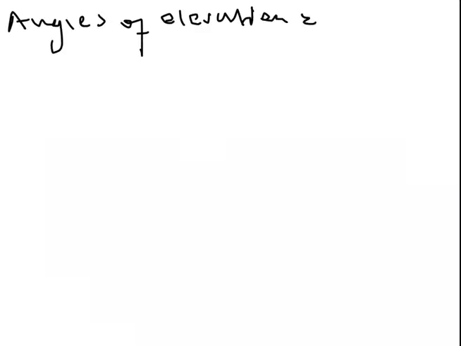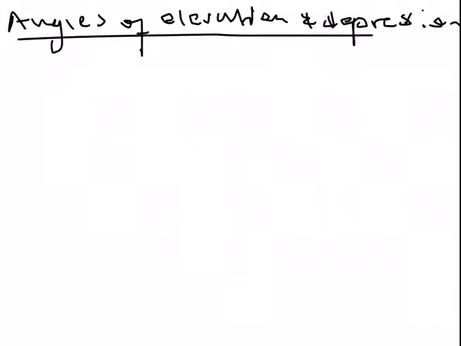Let me just write it down there: angles of elevation and depression. Those are the two types of angles that we are going to be looking at. Nothing complicated, nothing difficult there.